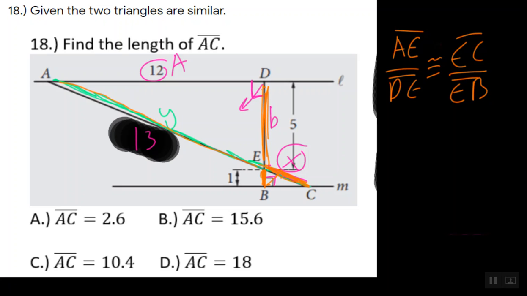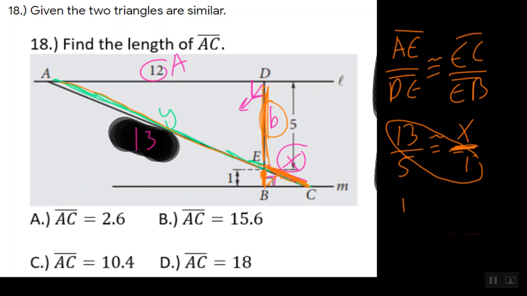Now, once I have this set up, I can just fill in all my information. I know my big hypotenuse is 13. I know that DE has a length of 5. And this is equal to EC, the length that we're trying to find, which is x, over EB, which we know is 1. Now remember, whenever we have a proportion like this, we will cross multiply.